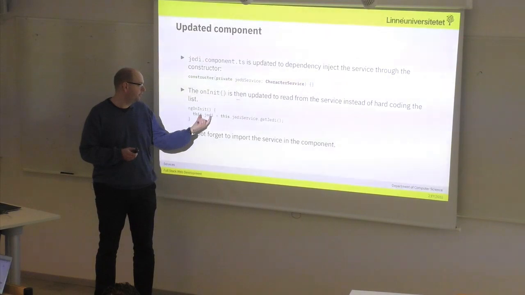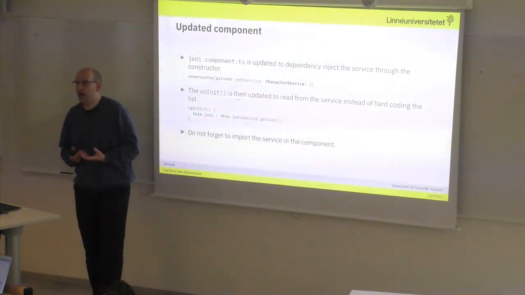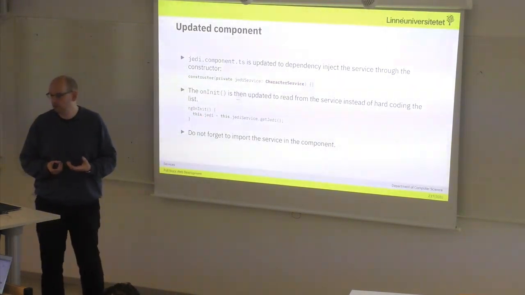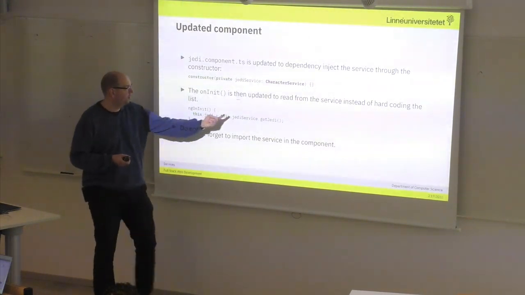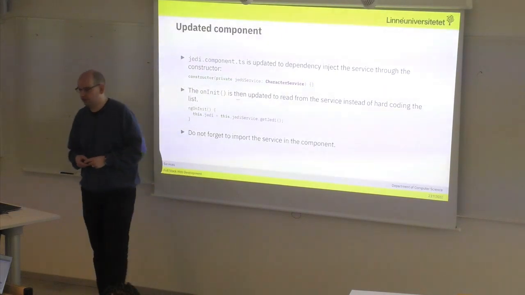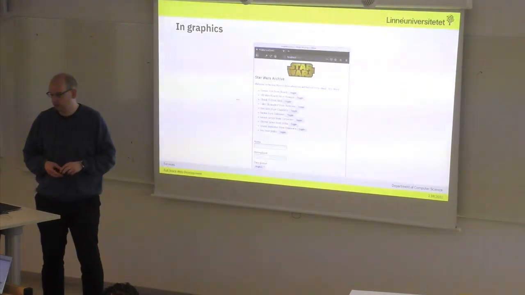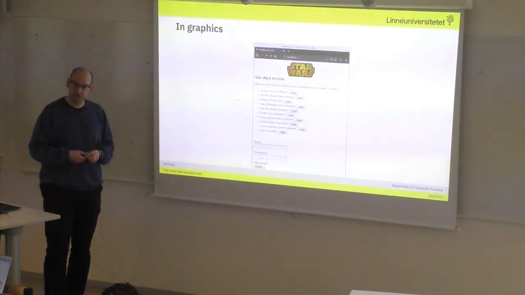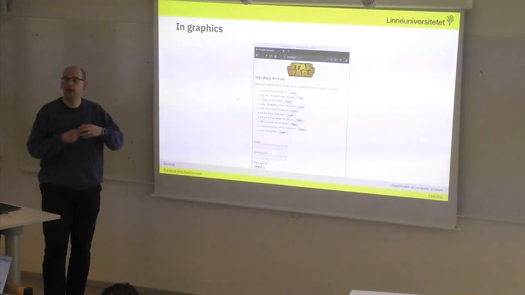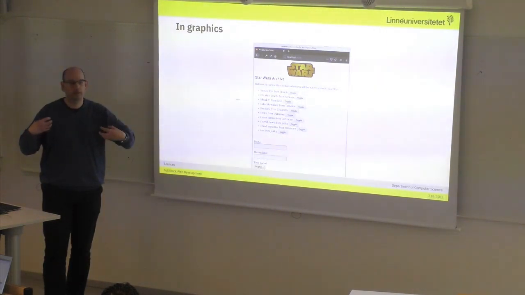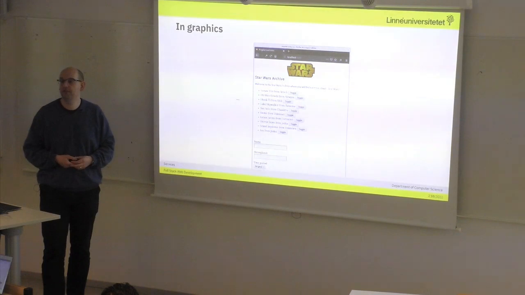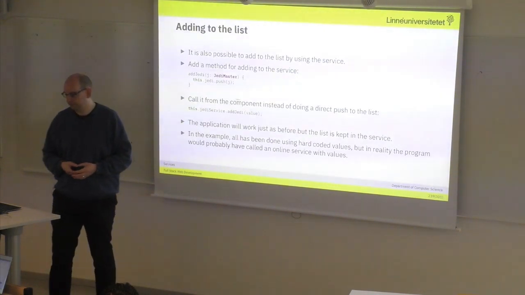So we still have the Jedi array that we created before in our Jedi component, but instead of hard coding the values, we ask the service for these Jedi. And it looks exactly the same as before, because it works the same. However, we've been able to separate the different parts, which makes it a lot better in the long run.